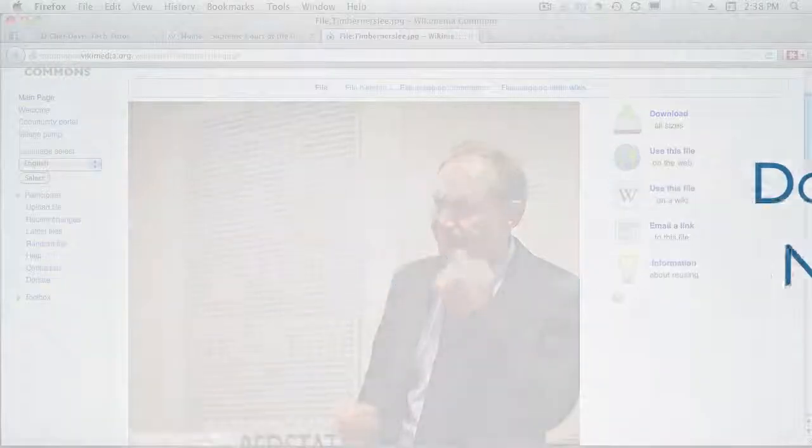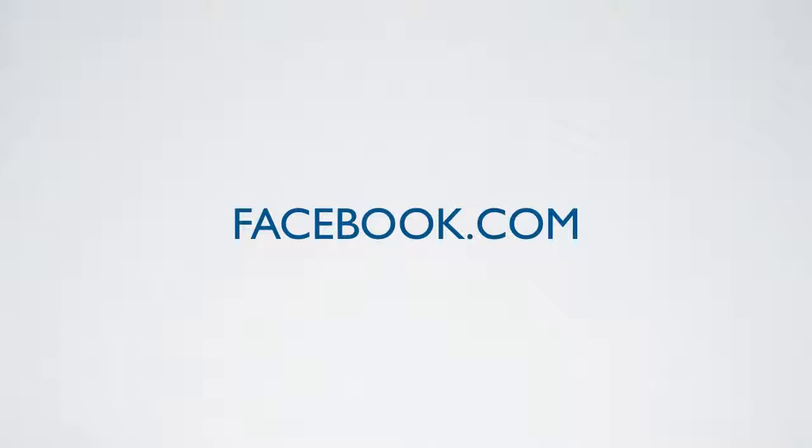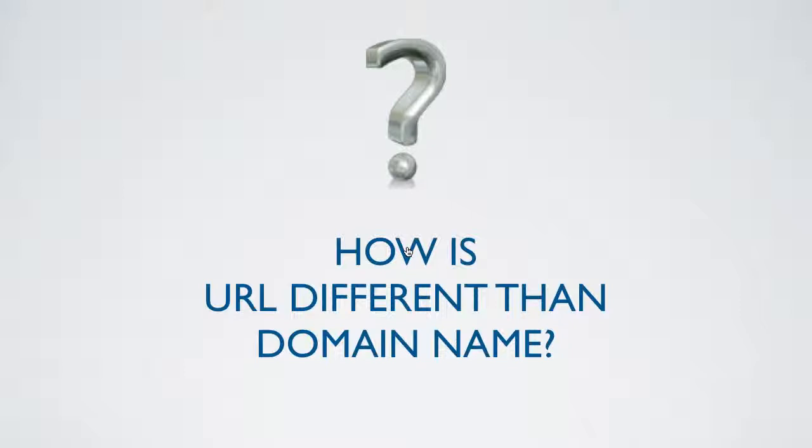Well, a domain name is like Facebook.com, Google.com. When you have a .com, a .org, a .us, a .uk, a .de, etc., you have a domain name, and that's a domain, a specific location on a computer or a group of computers, a file server somewhere out there that's connected to the internet.